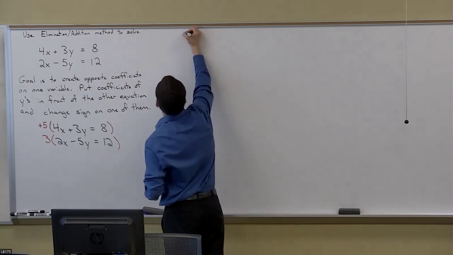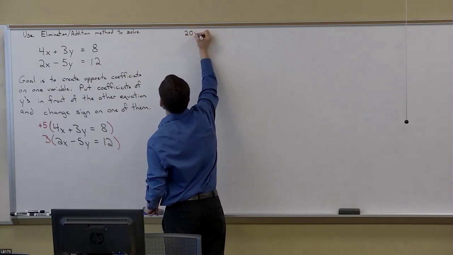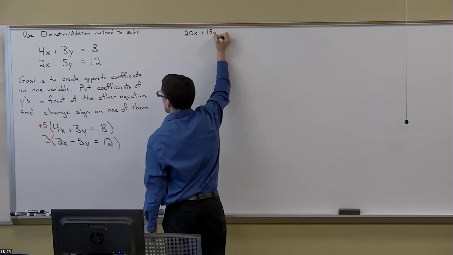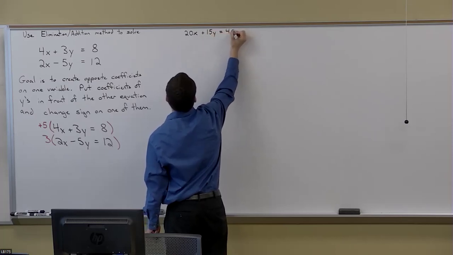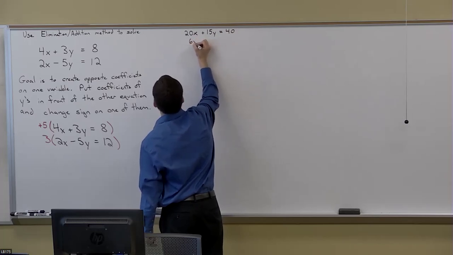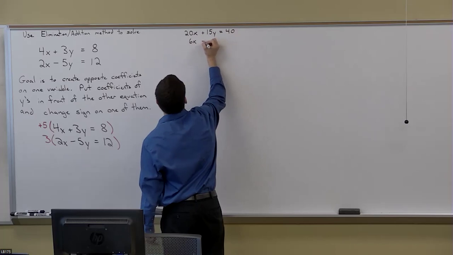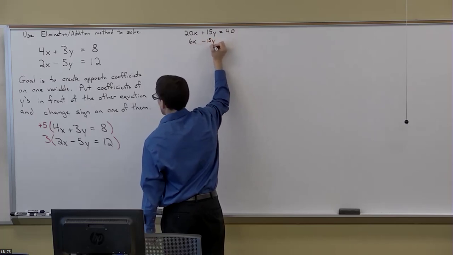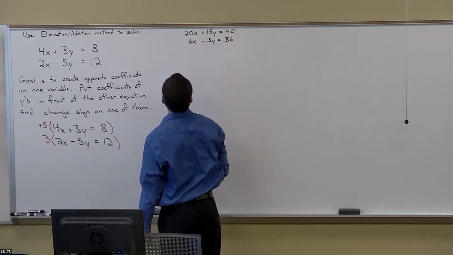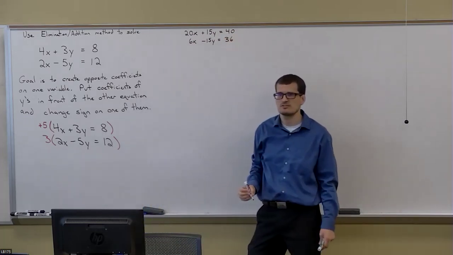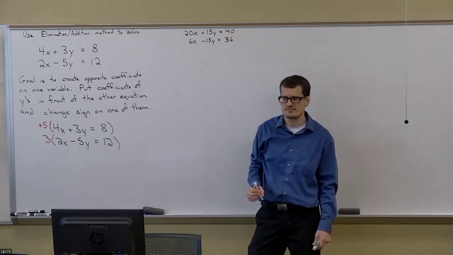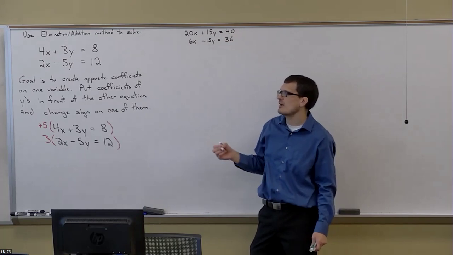So then I multiply through. I'm going to get 20x plus 15y is equal to 40 in the first equation. And I'm going to get 6x minus 15y equals 36 in the second equation. Now, this is why it's called elimination.